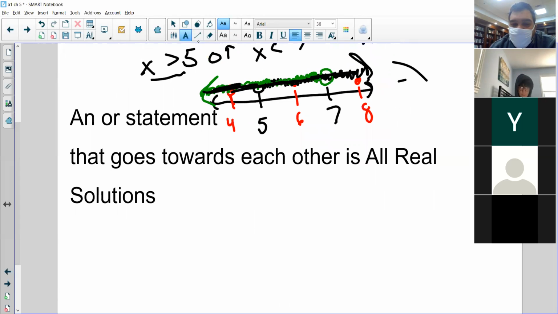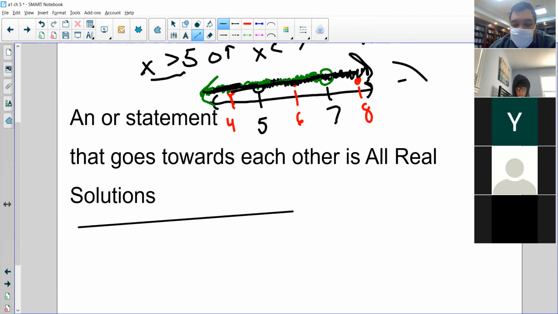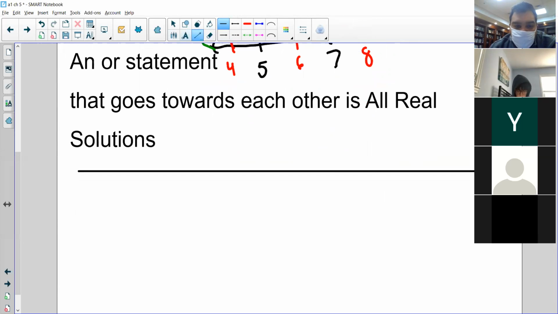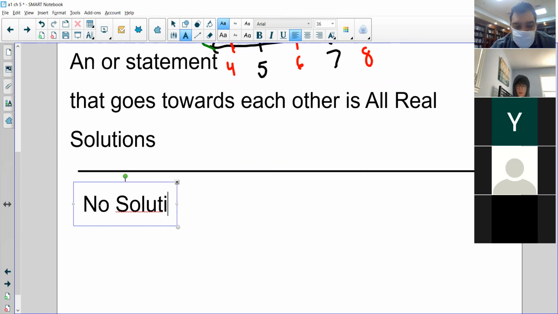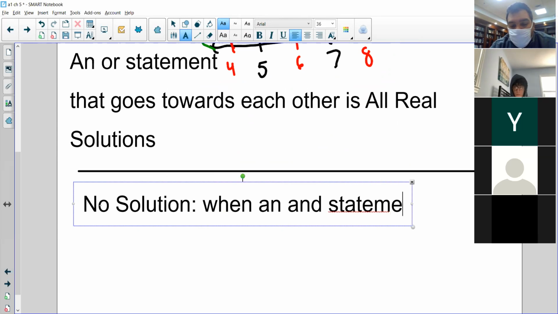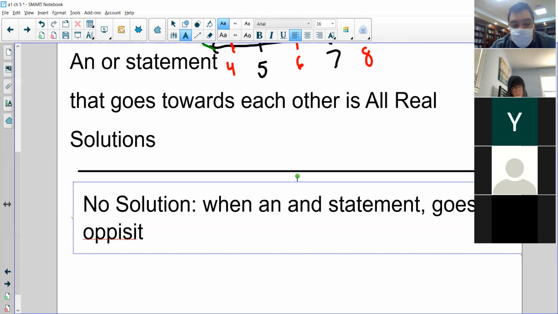There's a lot of theories, but the answer to this situation, a no solution, is going to be when an and statement goes in opposite directions.